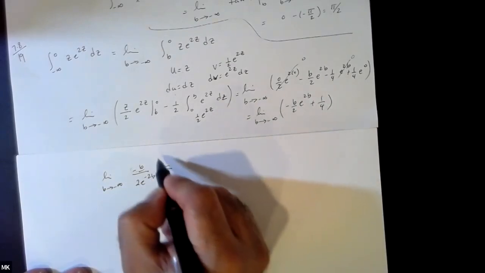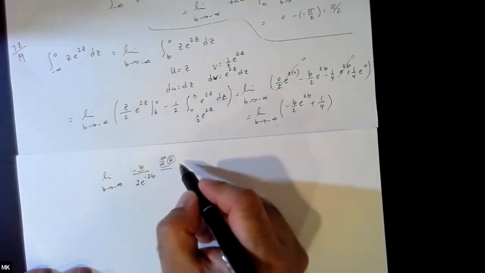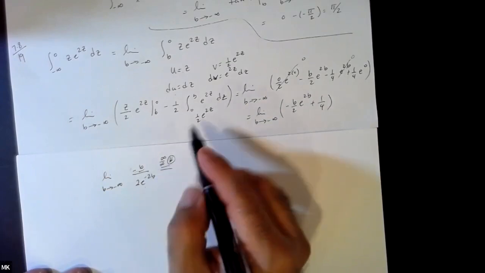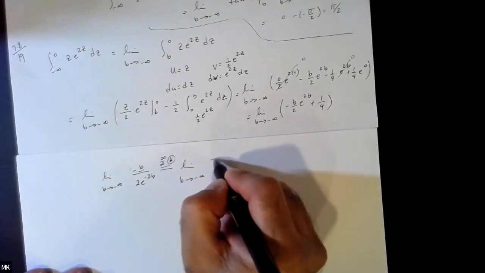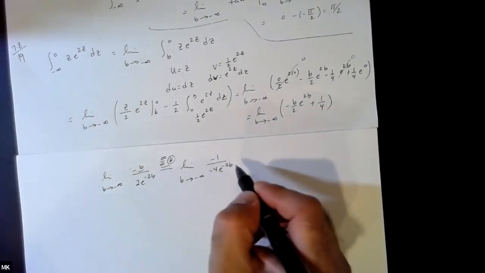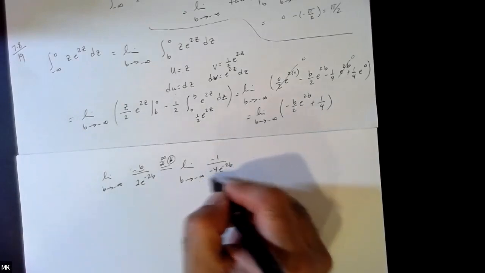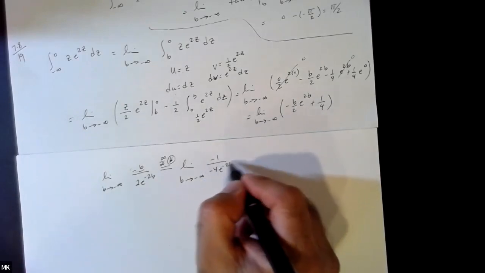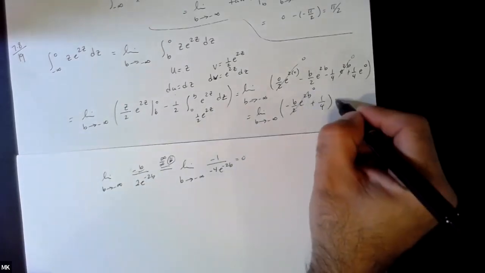So I have what we call in Math 1A an infinity over infinity case, which allows me to use L'Hopital's rule. L'Hopital's rule says take the derivative of top and bottom and apply the same limit. So the limit as b goes to negative infinity of negative 1 over negative 4 e to the negative 2b. Now, obviously, as b goes to negative infinity, this goes to positive infinity, the fraction goes to 0. So this part is also going to be 0, so you're just going to get 1/4.